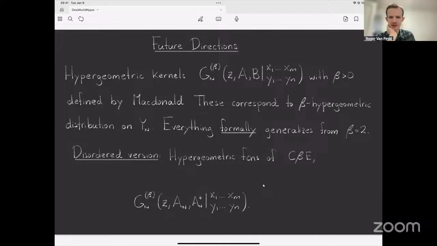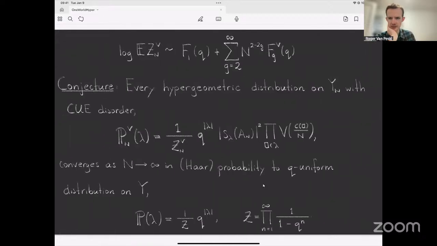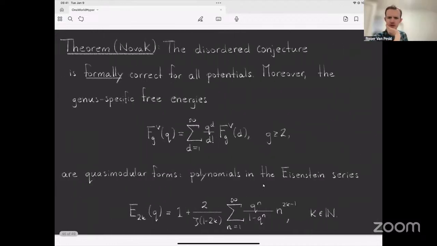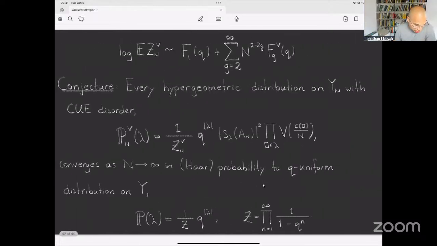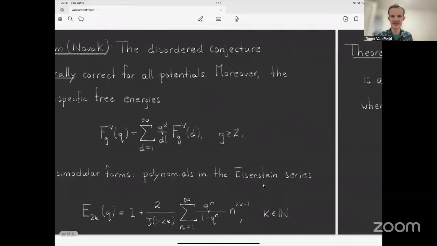Wait, to make sure I understand, so you think there's a good chance that the quenched free energy, which a priori is random, is actually a deterministic function of these CUE eigenvalues? Maybe I misunderstood what the statement was, but to me at least that sounds surprising.